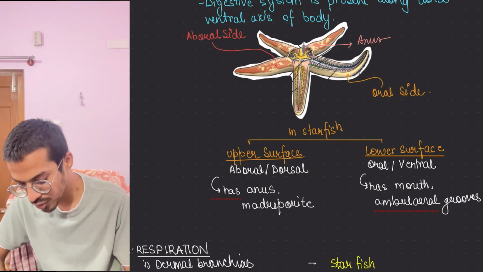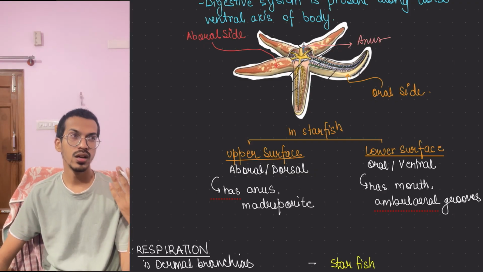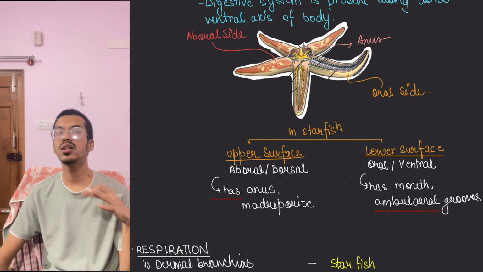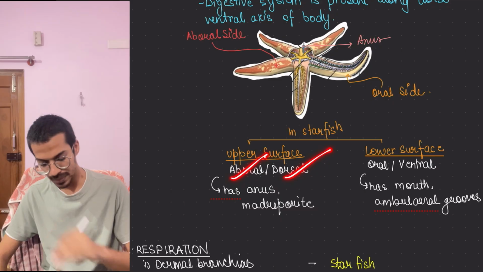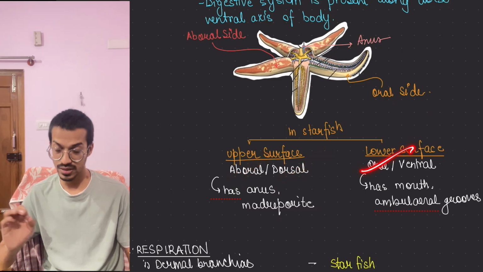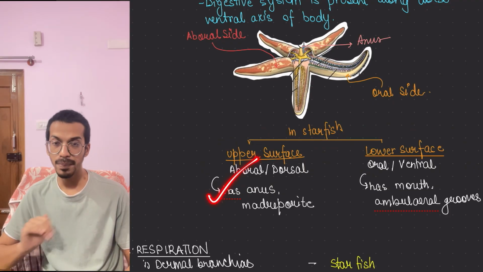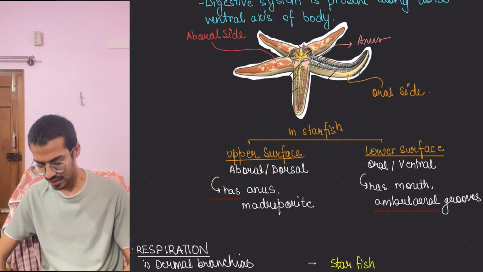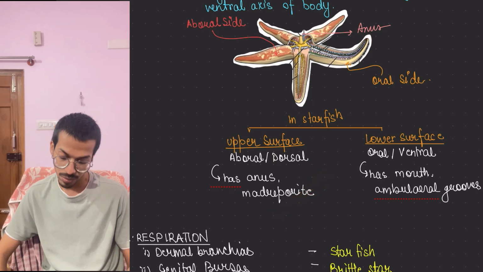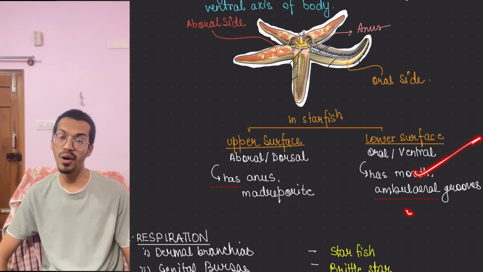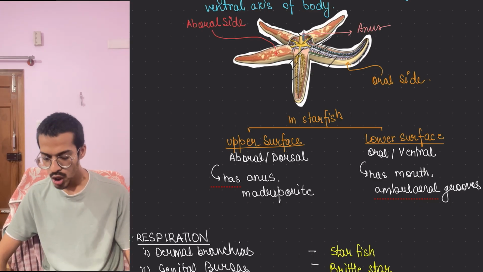In terms of dorsal and ventral, the aboral surface is the dorsal, upper surface, and the oral is the ventral surface. This is very important to remember. On the upper surface the mouth is not present, the anus and madreporite are present. Whereas on the lower surface, the mouth would be present, ampullary organs might be present, grooves and tube feet will be present.